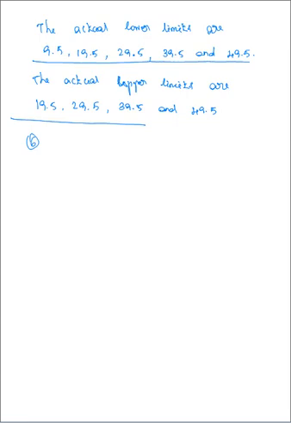We should subtract from the upper limit of the class the lower limit of the next one. If we do like that, we'll get the difference, and that should get divided by 2.